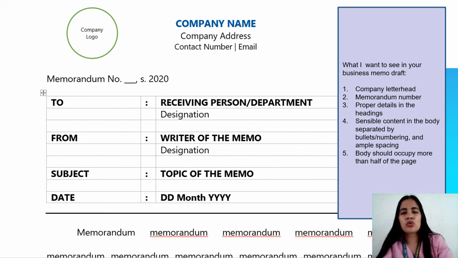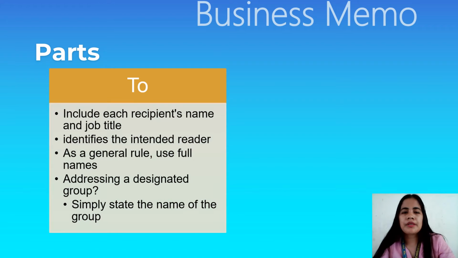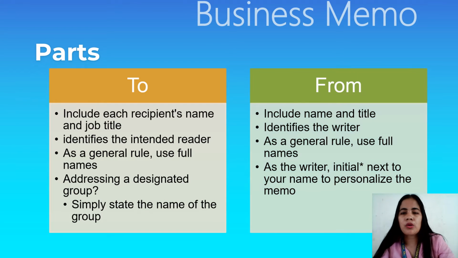So we have the To: the receiving person and the department and designation. From: writer of the memo, and then designation. Subject: what is the memo all about? And the date when the memo is being written.